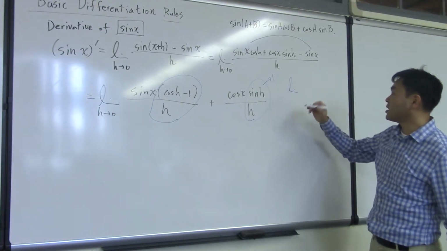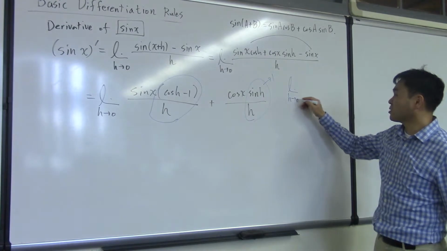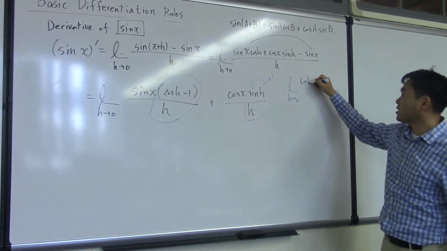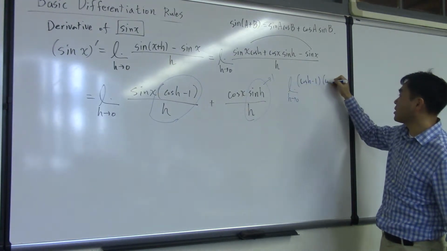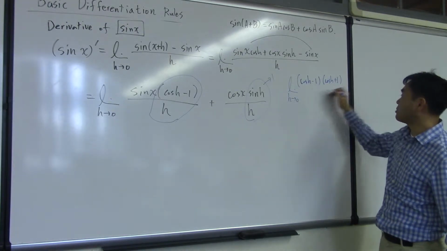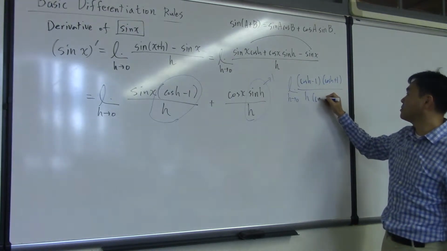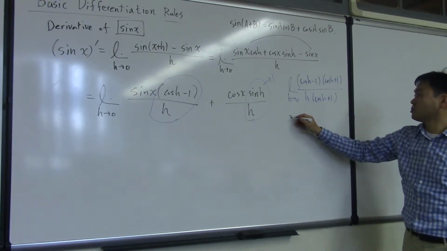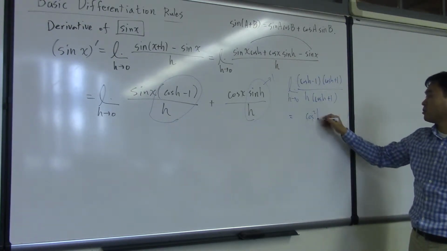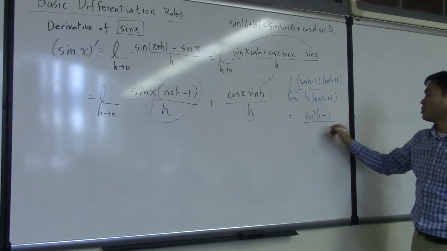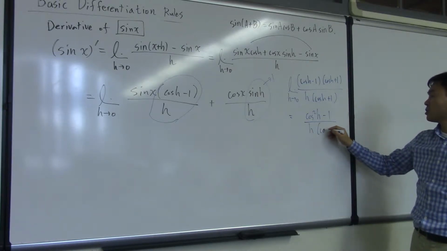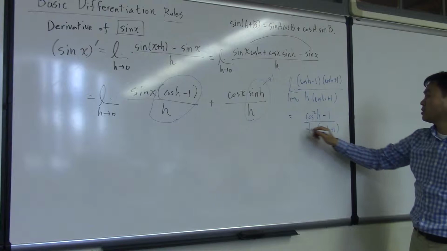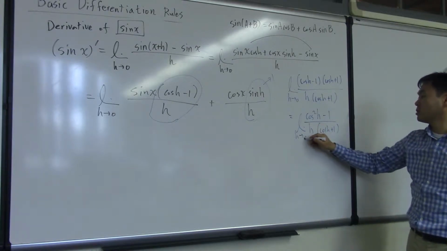And to do that limit, you need to use the conjugate. So cosine h minus 1, you multiply by cosine h plus 1 top and bottom, so that this turns into cosine squared of h minus 1 over h times cosine h plus 1, limit h equals 0.